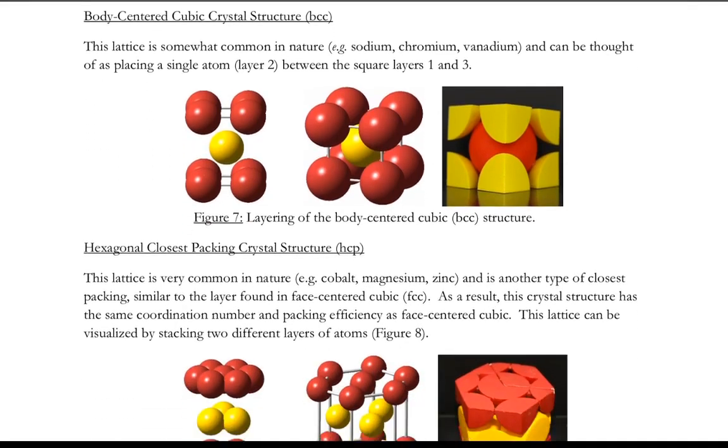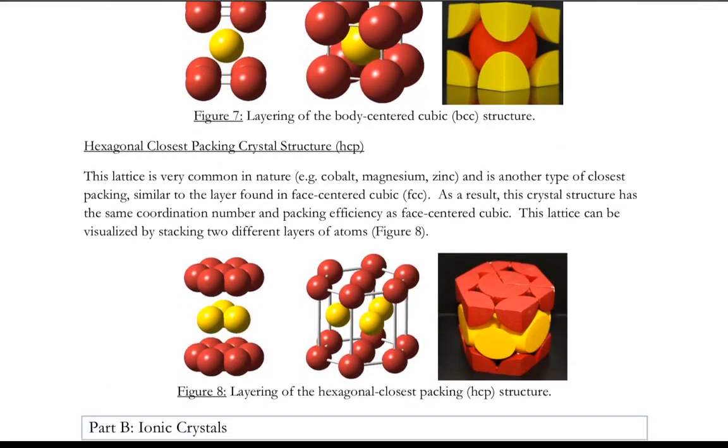In hexagonal closest packing, it's very similar to face-centered cubic, FCC, in that the packing efficiency is the same. You will calculate the packing efficiency for FCC. You won't calculate it for HCP. Rather, you will just know that the values are the same because the layers and the dimples, a lot of it is the same.